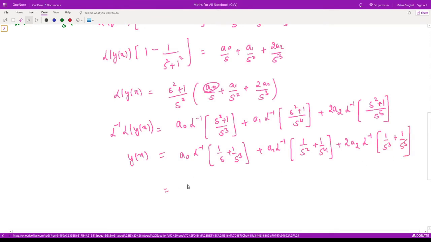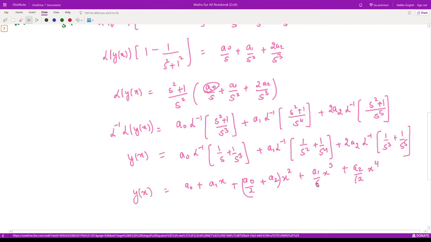So ultimately we'll obtain a0 plus a1x plus a0 by 2 plus a2x square plus a1 by 6x cube plus a2 by 12 x raised to power 4, right? So this is our y of x.